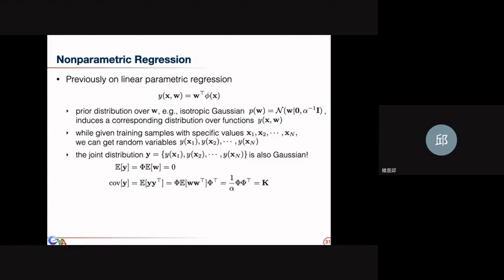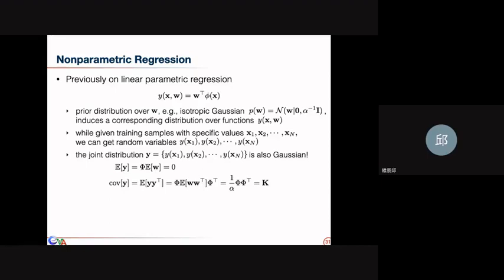Okay, it's actually easy for you to compute the mean and the covariance of this joint distribution. First, computing the mean of this joint distribution is actually quite easy. It's just the expectation over all those random variables. Because this random variable is related to W transpose times phi of x, we can put this expectation into the W, because phi is given once you have the x.